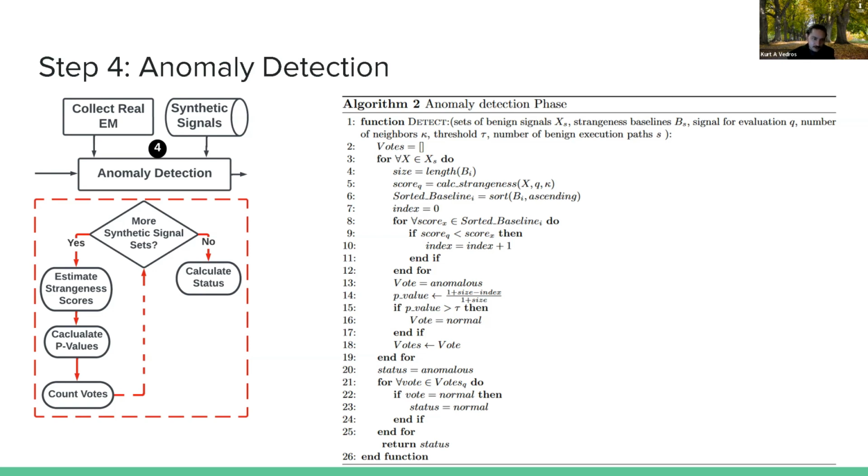Next, a vote or verdict of whether the newly captured electromagnetic signal is similar to the electromagnetic signals used to create the baseline is decided via a threshold value.